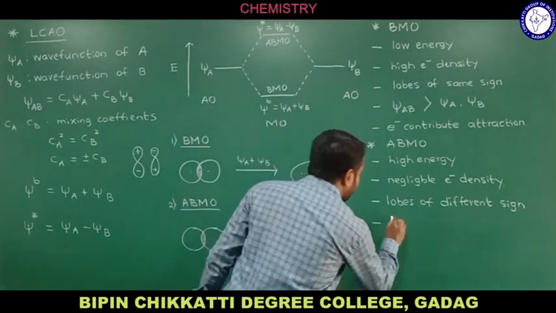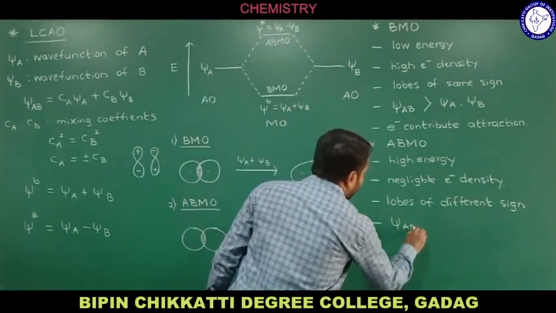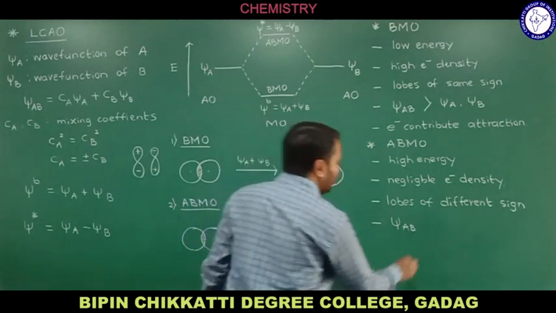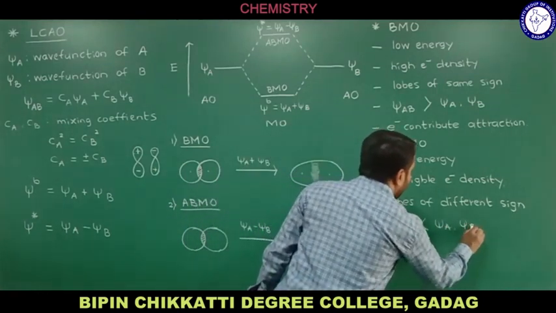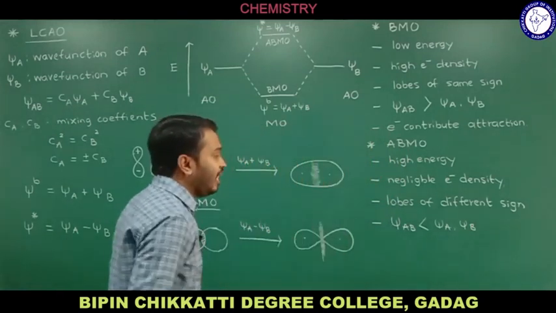And if you try to know the wave function or the magnitude of a molecular orbital, that is quite smaller when compared to the magnitude of the atomic orbitals of the combining orbitals.